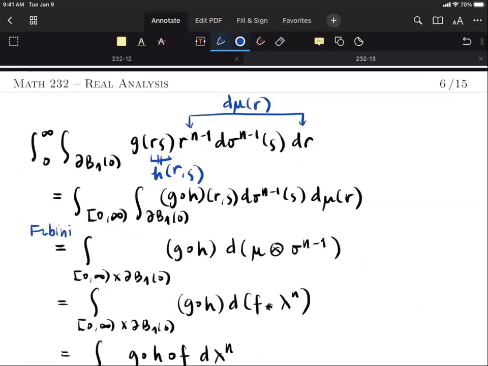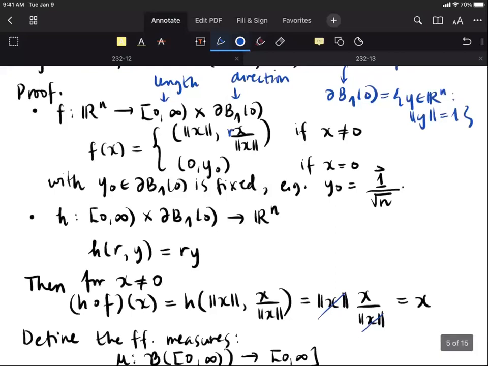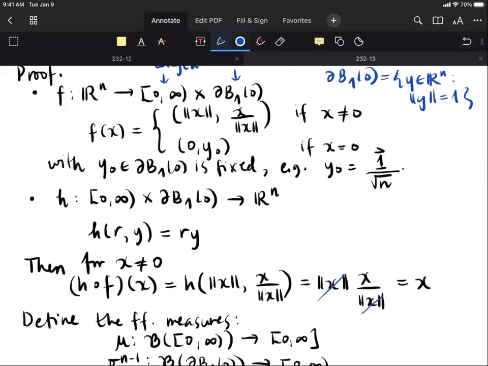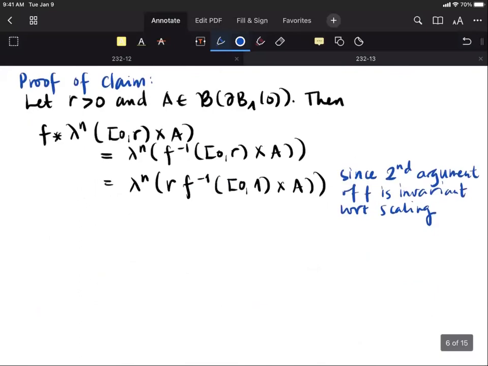And you can prove this algebraically. So going back to the definition of F. If you have an R here, a positive number, using the homogeneity of the Euclidean norm, you will have an R, and then that R will be cancelled. So scaling doesn't affect the second variable, so therefore you have this. However, it affects the first.